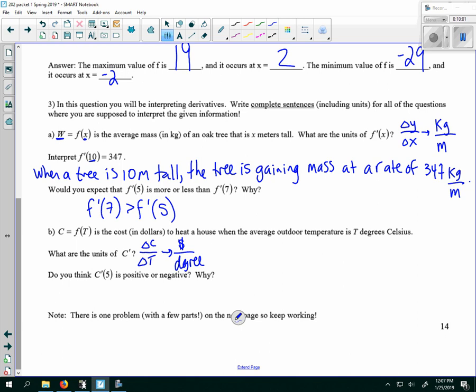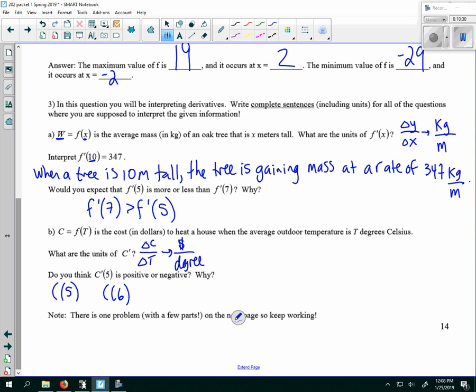Do you think C prime of 5 is positive or negative? All right, so this is the rate of change of cost. So let's see, I want to think about what would happen if I increase the temperature by 1 degree. If I go from 5 degrees to 6 degrees, is the cost function increasing or decreasing? So if I have C of 5 compared to C of 6, right?